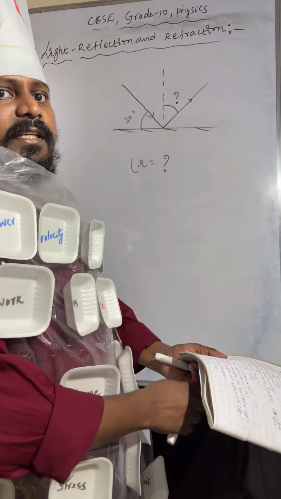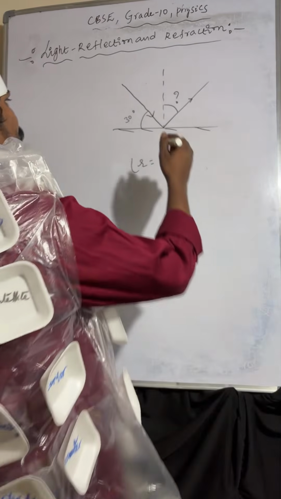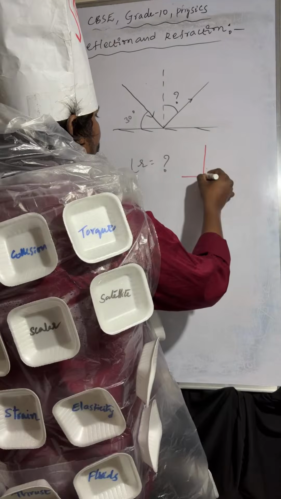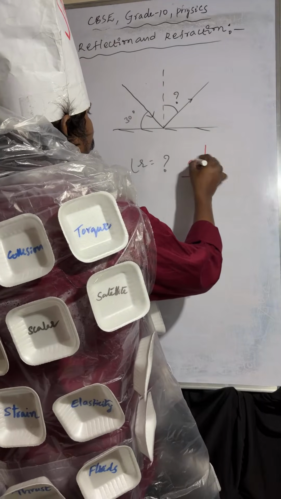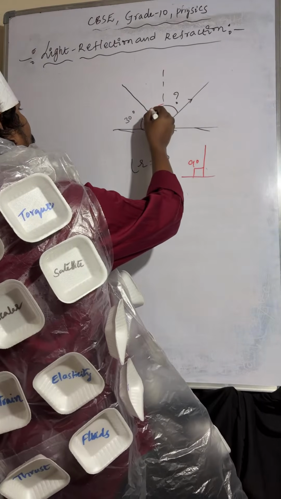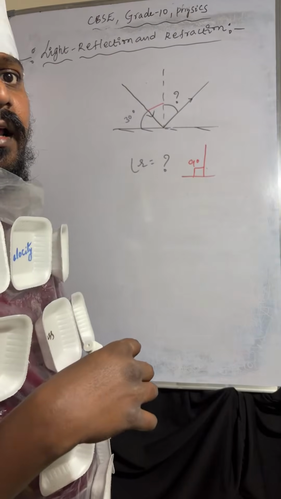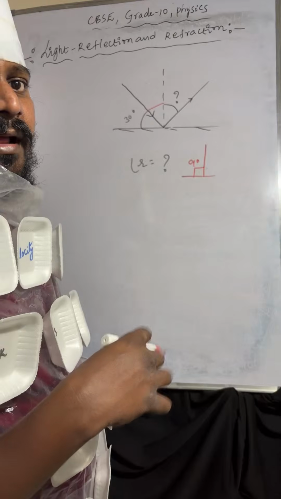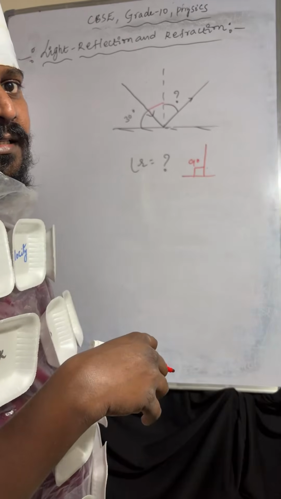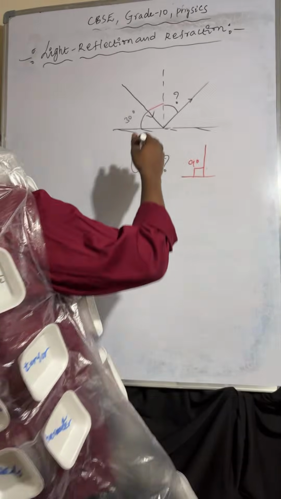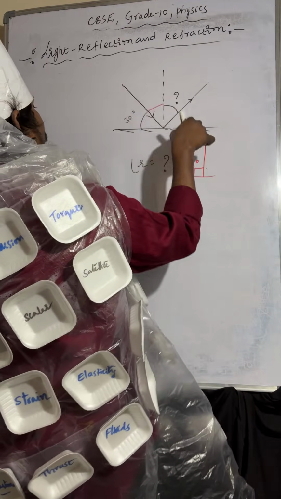How 60 degrees here? Normally the angle between the incident ray and normal is 90 degrees in total. The angle between two perpendicular lines is 90 degrees. So 90 minus 30 is 60.